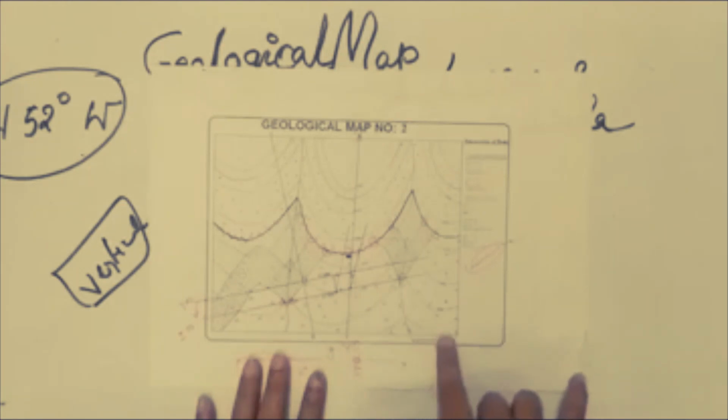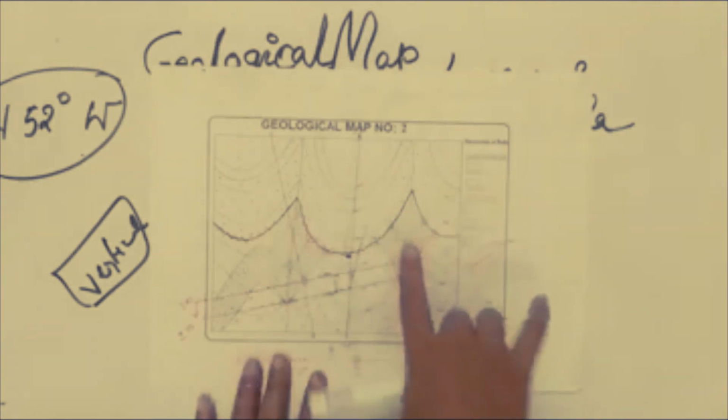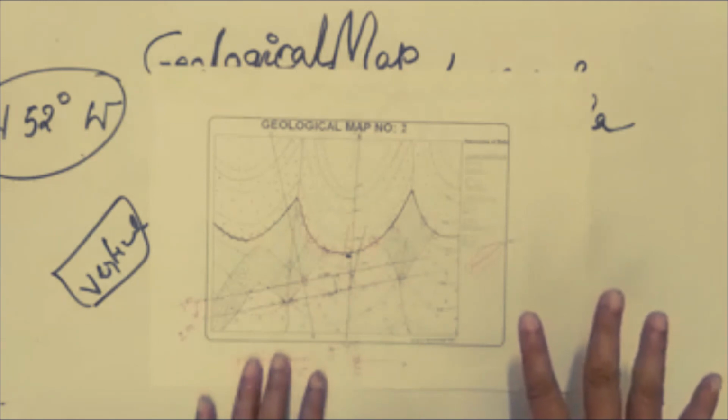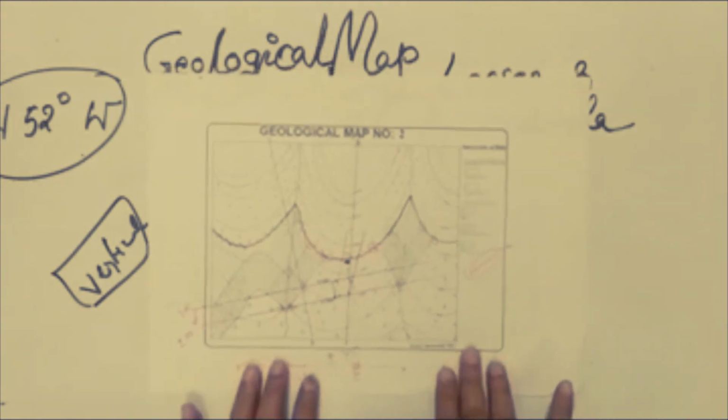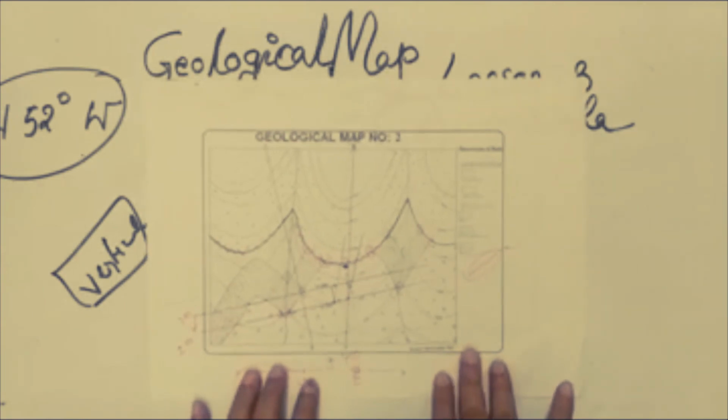Suppose students are changing the scale. If you want to change the scale, you have to change all these scales, even the dip, height information, vertical interval. So it's not very convenient for the student, and it will provide erroneous results.